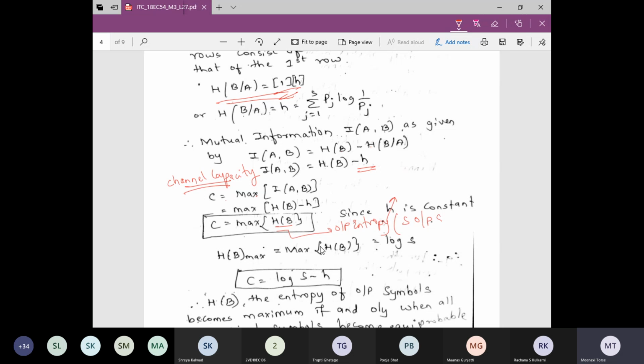We have S output symbols, and H of B is determined by knowing the probability of the S output symbols. So the maximum of H of B is log S. Why log S? Because we have S output symbols. Therefore, channel capacity is log S minus H.